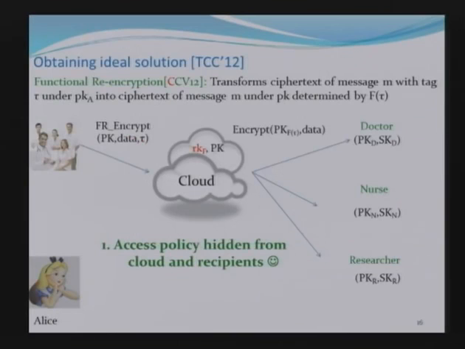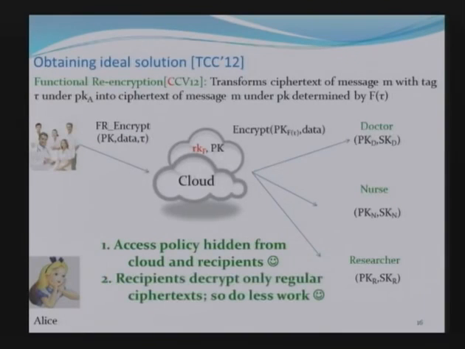So a couple of advantages of our solution is that the access policy is hidden from the cloud and the recipients. And note that recipients are decrypting only regular ciphertexts over here. Since the recipients had a public key secret key pair which they normally used for encryption operations, and they were decrypting only those kind of ciphertexts, there was nothing dependent on Alice's access policy. So all the heavy work is done by the cloud.